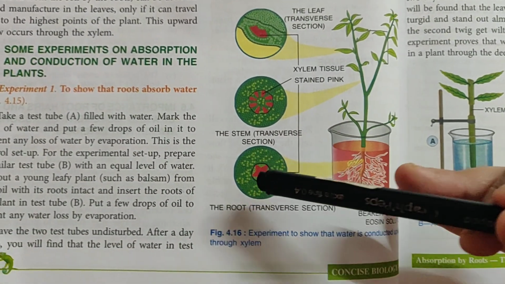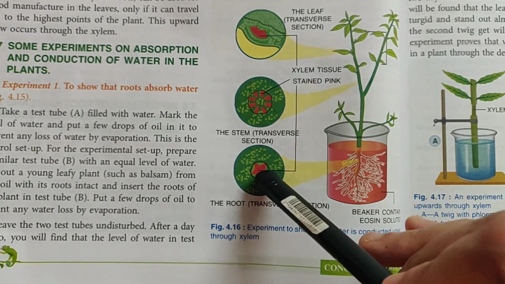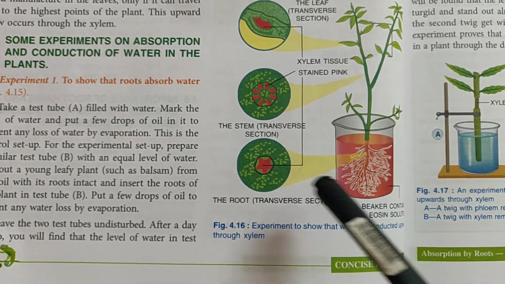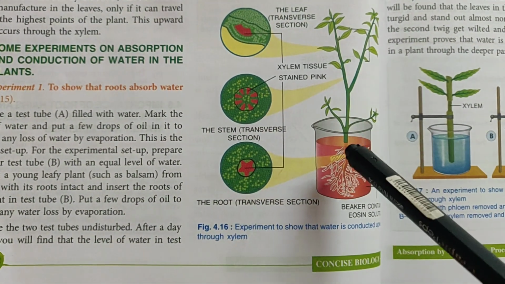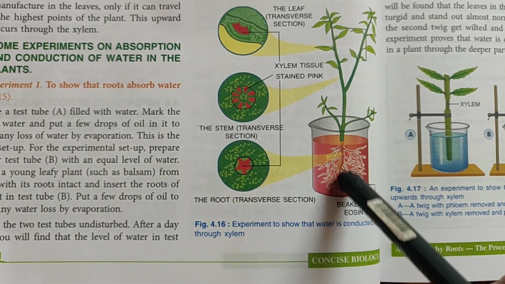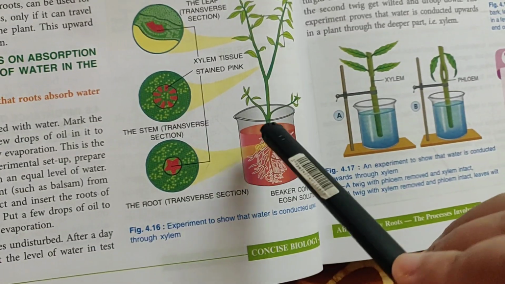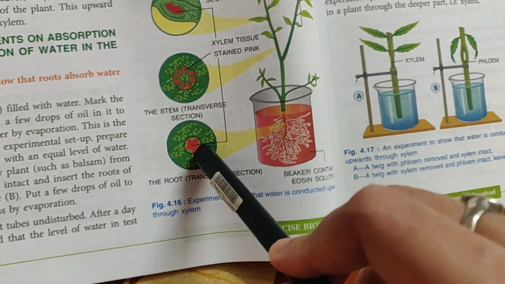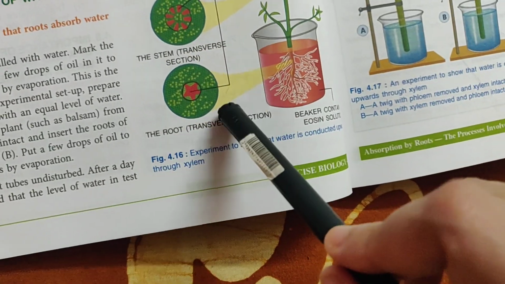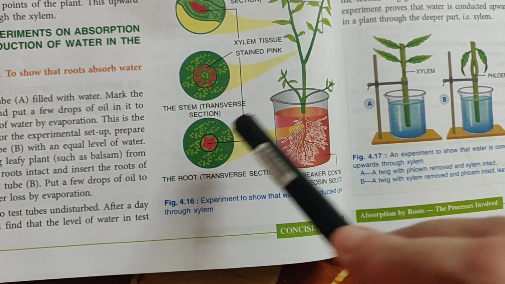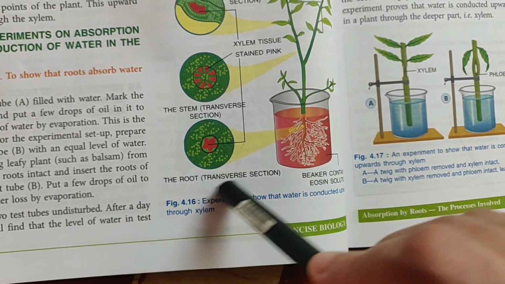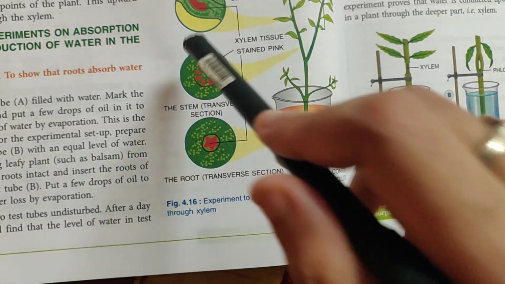So the presence of the red color marks the presence of the eosin solution in xylem vessels, showing that the eosin which was present in the beaker has traveled to the xylem. That is, water is conducted through the xylem. This water has reached the xylem and no other cell, which means water is conducted through the xylem.